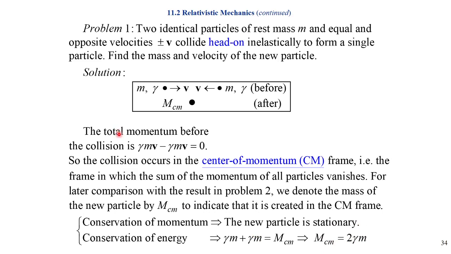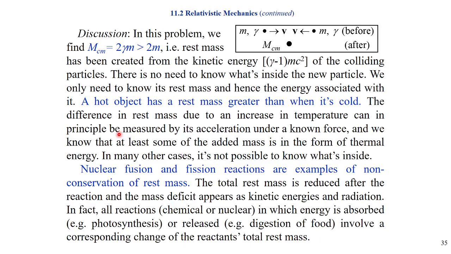Okay, pretty good. In this problem, we found that after the collision in inelastic collisions, the rest mass changed from 2m to 2 gamma m. The rest mass has been created from the kinetic energy, gamma minus 1 mc squared, of the colliding particles.